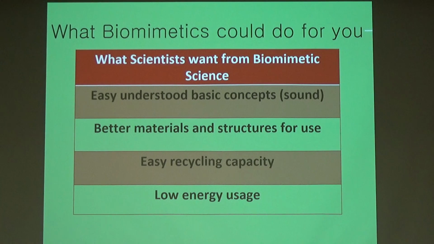They want more easy recycling capacity, so they're very interested in sustainability. It's the green idea, having sustainable products that don't affect the ecosystem as much as they do today. And then, again, this one comes up: low energy usage.